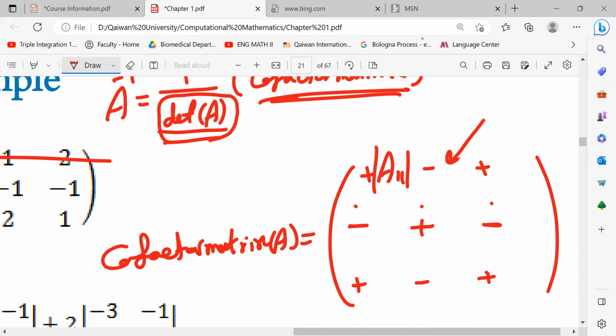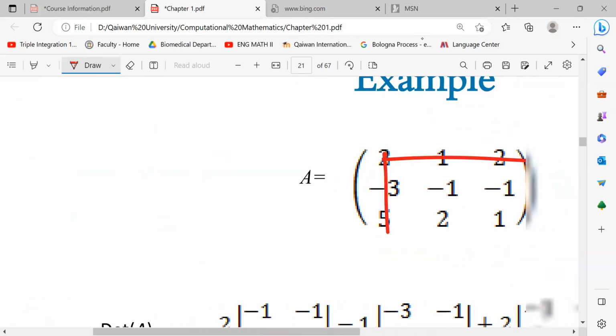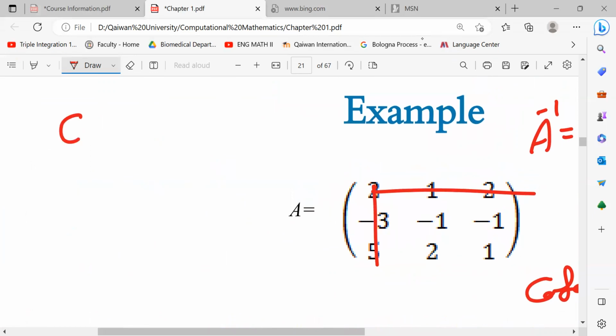Then here, let me do it here. Look, we say C11 is the determinant of A11, with its sign, it's -1 to the power 1 plus 1, determinant of A11. Its sign with the determinant.